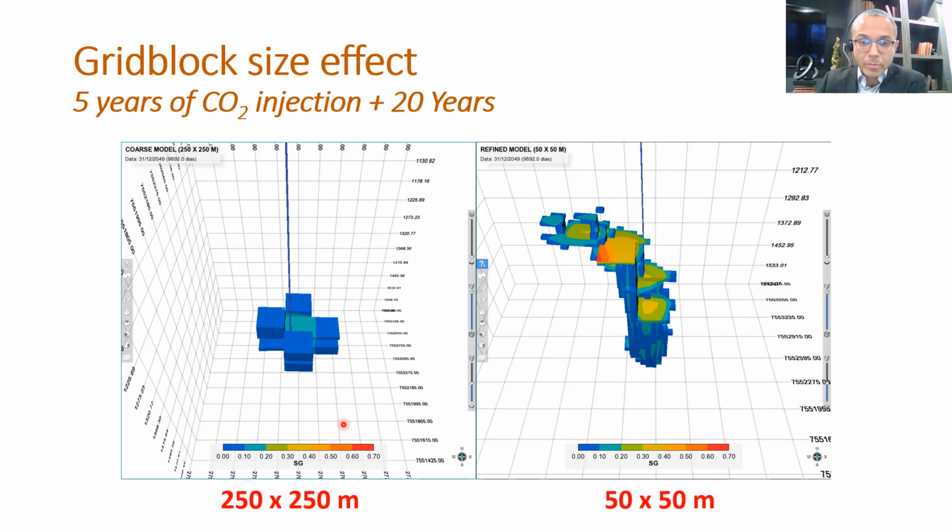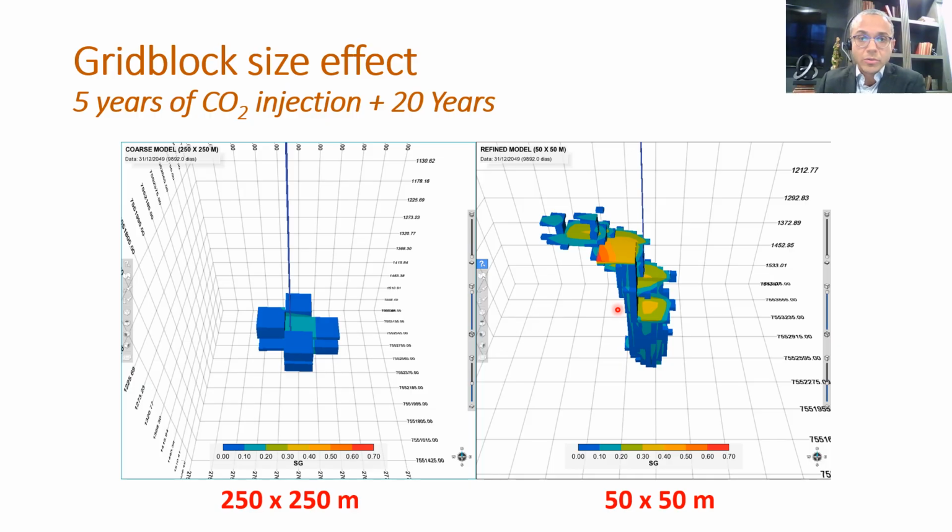And we are comparing this case with a finer grid, refined 5 times from the original coarse grid, in this case on the right side with grid blocks of 50 by 50 meters horizontally. Although the necessity to work with a higher grid resolution is evident, the CPU time to simulate the refined case reaches 86 hours, considering 40 processors, for only 25 years of simulation.